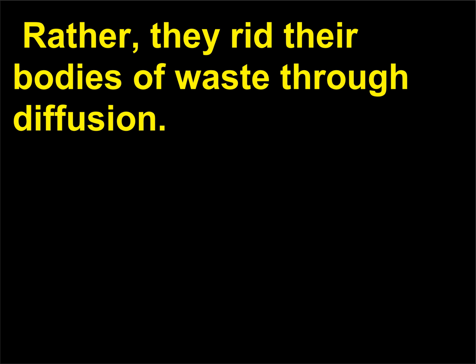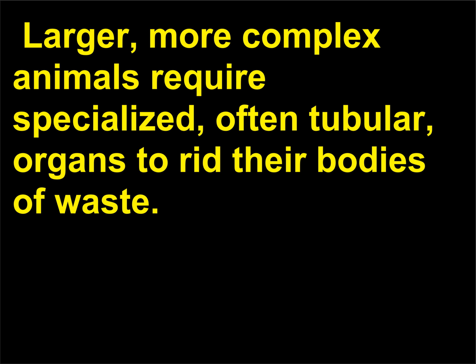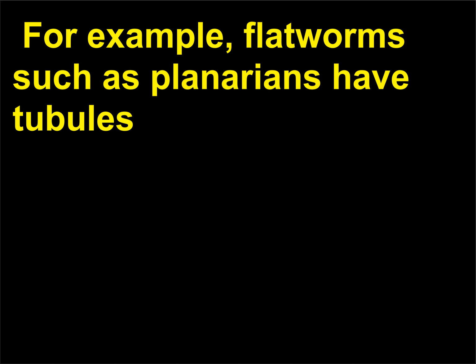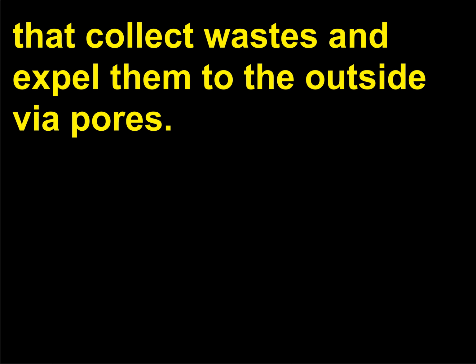Rather, they rid their bodies of waste through diffusion. Larger, more complex animals require specialized, often tubular, organs to rid their bodies of waste. For example, flatworms such as planarians have tubules that collect wastes and expel them to the outside via pores.